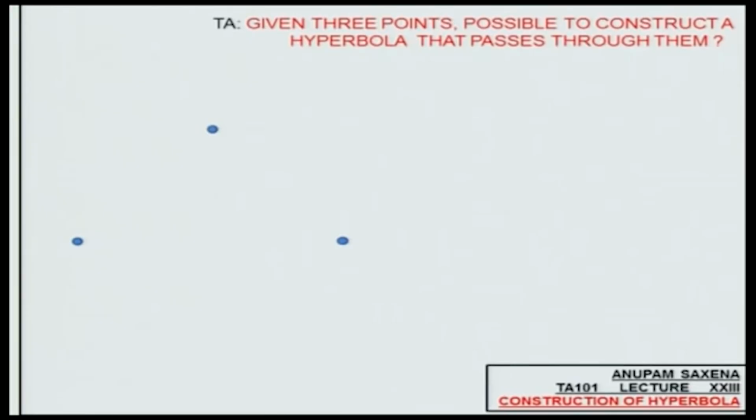So those who say yes, want to think a little further: generic equation of a conic, 6 constants. How many conditions do you have? 3. You think it's possible? Still? I won't know. Let's see.